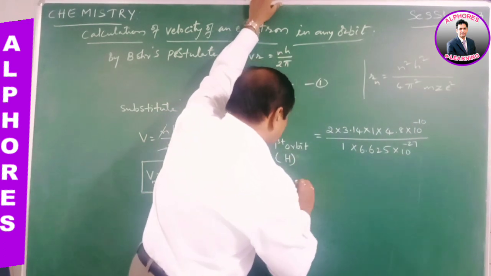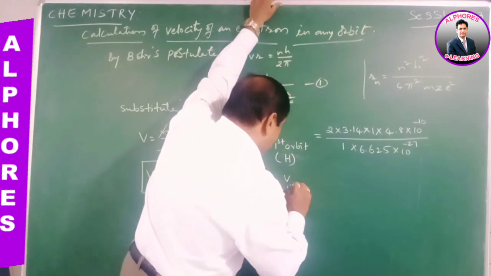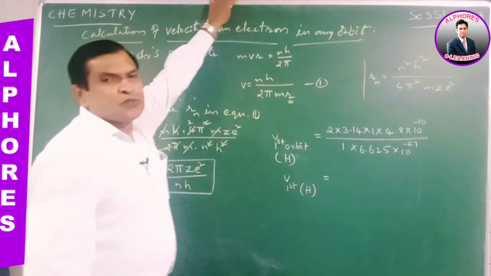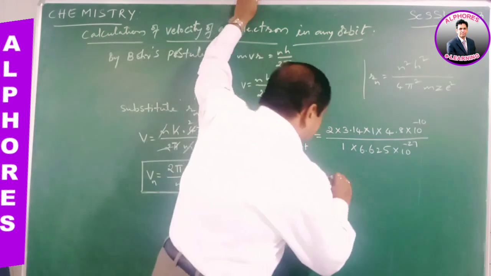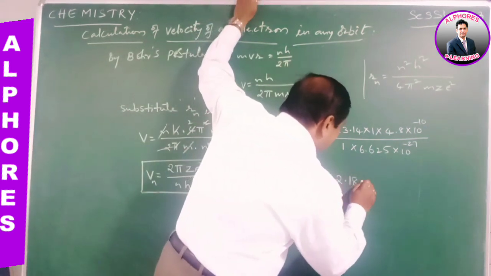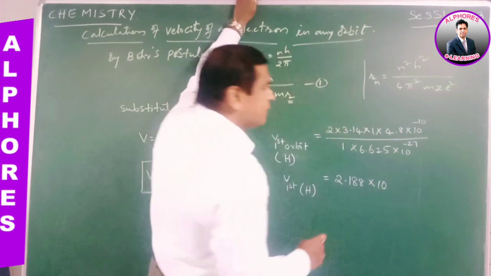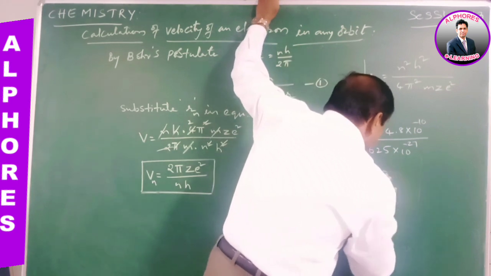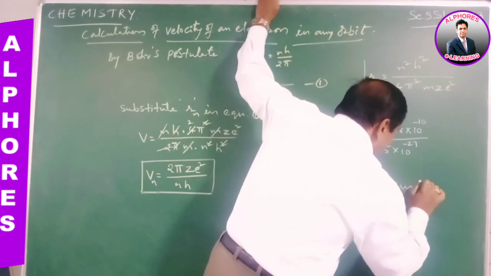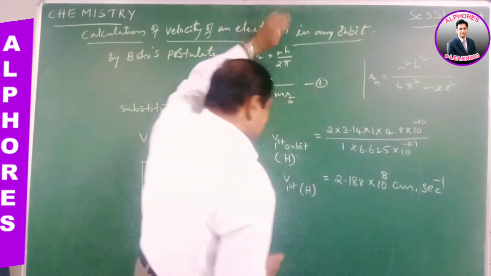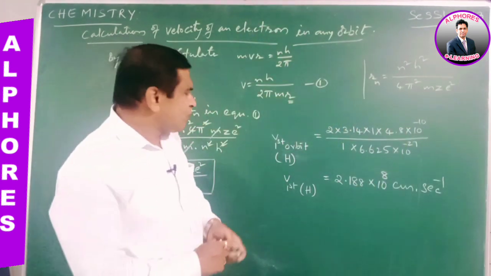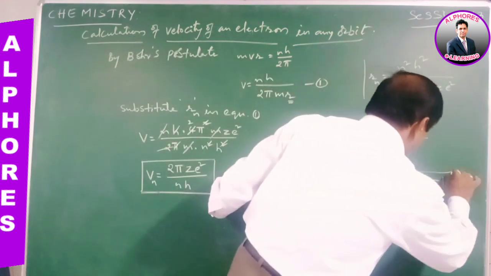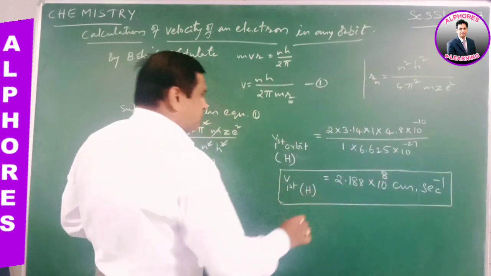So the velocity of the electron in the first orbit of the hydrogen atom is 2.188 into 10 to the power 8 centimeters per second. This is how it can be calculated.